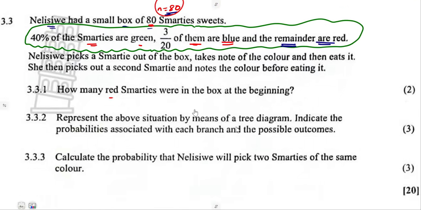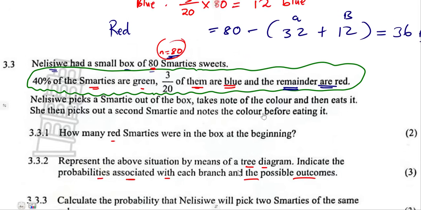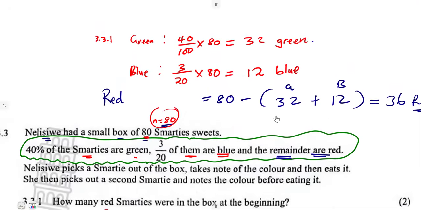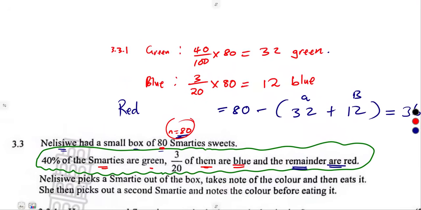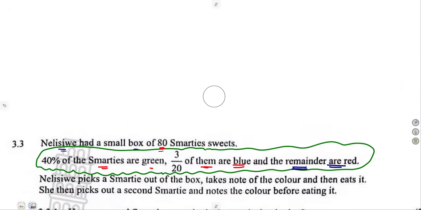All right. Then represent the above situation by means of a tree diagram. Indicate the possible probabilities associated with each branch and the possible outcomes. To answer this question, we go back here and relate our information as it is given. Remember, we calculated these. Let me put these aside so that we can have some space here.